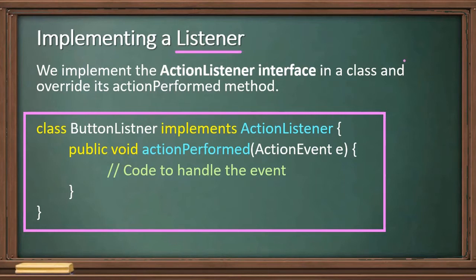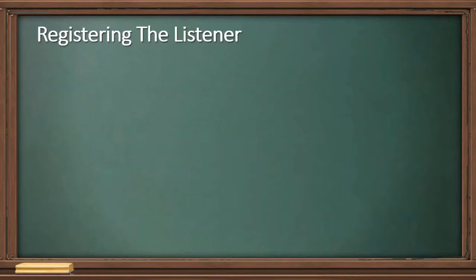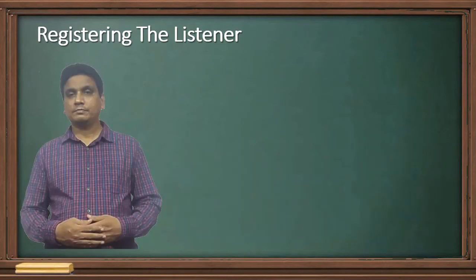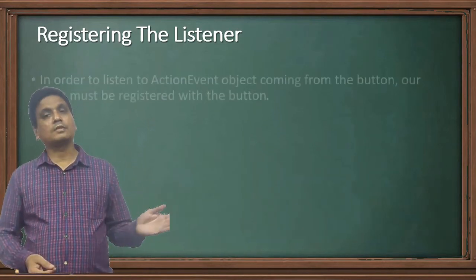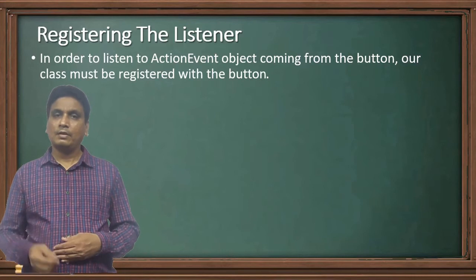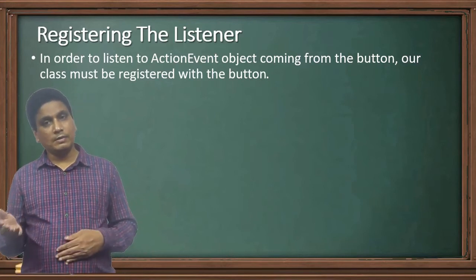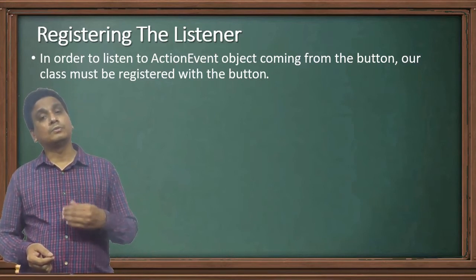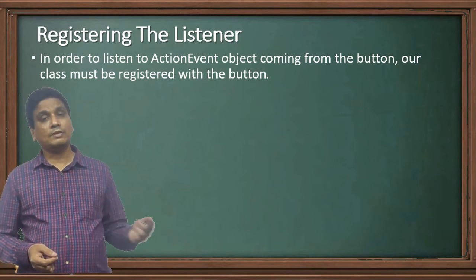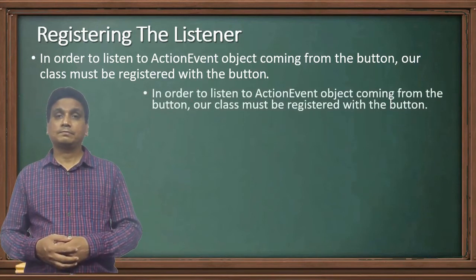What is the next thing that you are supposed to do? The next thing is to take this ActionListener and somehow register it with the button. So how do I perform that? To register the listener to a button or any component, you need to use one of its methods.